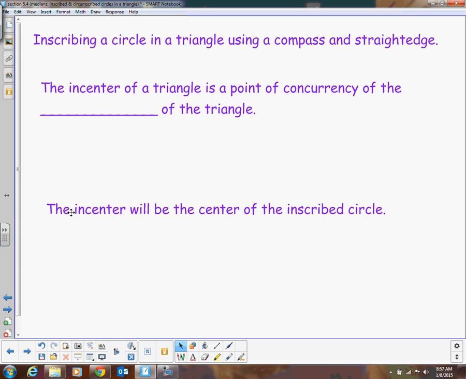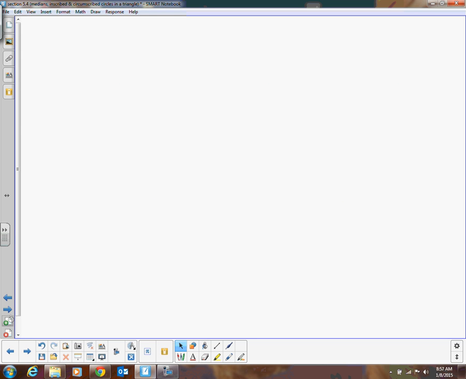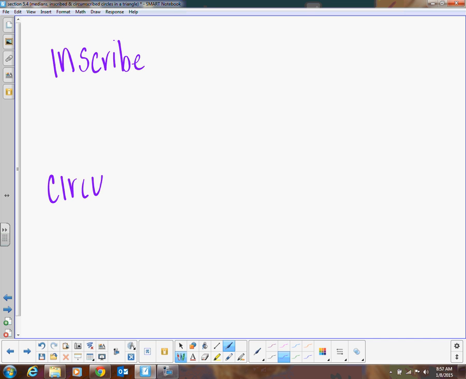All right, so let me talk about what it means to be inscribed and circumscribed. These are two words that you're going to need to know the difference between. Inscribe and circumscribe. The easiest to really look at from the way it's spelled is inscribed.